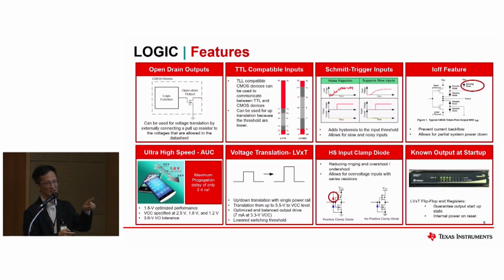Whenever you see an HC with an S, the S tells you you have Schmitt trigger inputs. And also some IO features: ultra high speed, logic with voltage translation, and then the input clamp as well as some no output. So these are some of the standard features that you can find in our logic products.